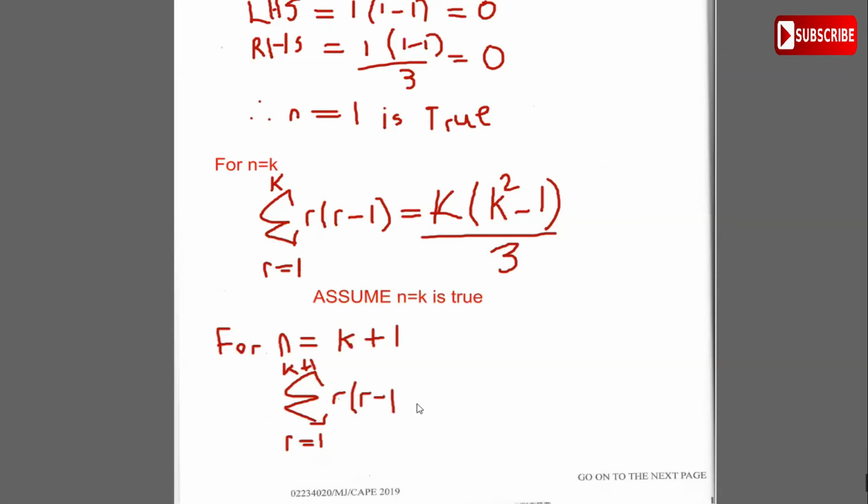This is now going to be equal to the sum from r equal 1 to k, plus the k plus 1 term.